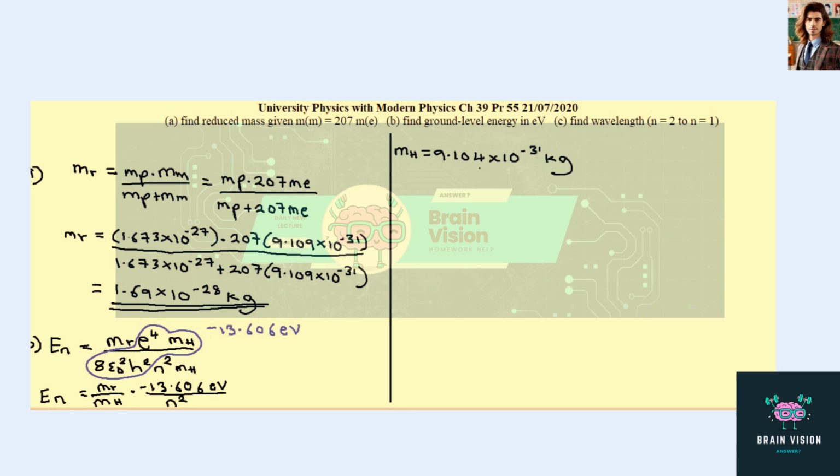Now notice how this value is very close to the mass of the electron. And this explains why sometimes we may use the mass of the electron in place of the reduced mass of the hydrogen atom.